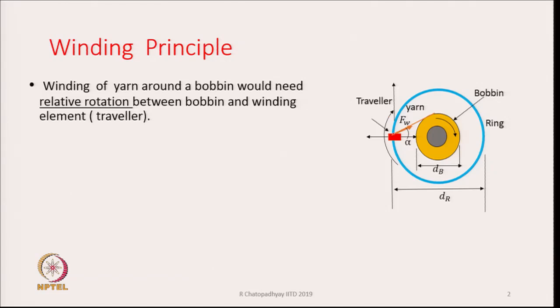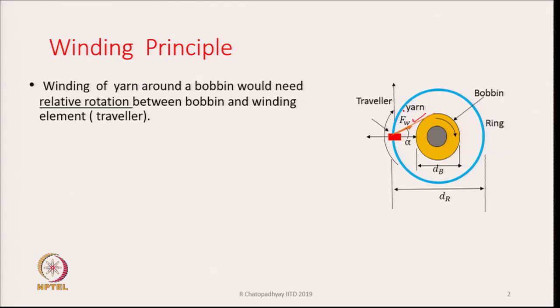Because the traveler and the bobbin are connected by an element of yarn, and this element of yarn is being pulled, and the pulling force helps to move the traveler on the ring. Now, the bobbin is rotating as well as the traveler is rotating.